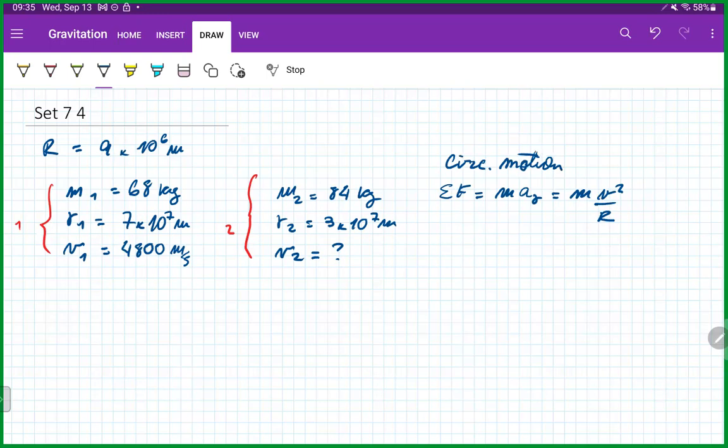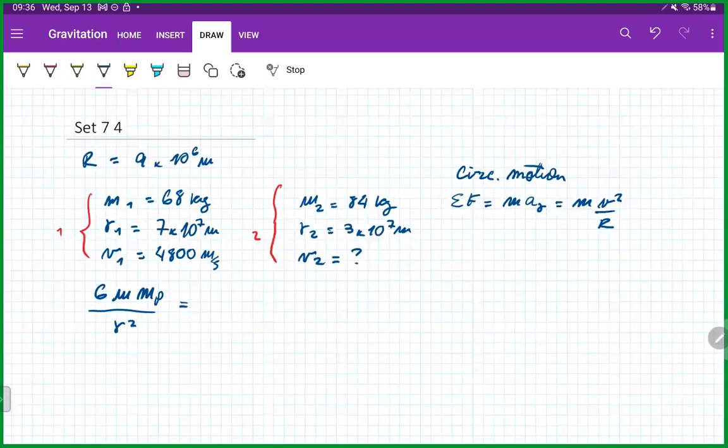And what we can do here, the only interaction that we have between the planet and the satellites is just that gravitational interaction. So let's say we write the gravitational interaction, let's call it M for both. So we have G M, the mass of the planet, divided by R squared, and that would be equal.